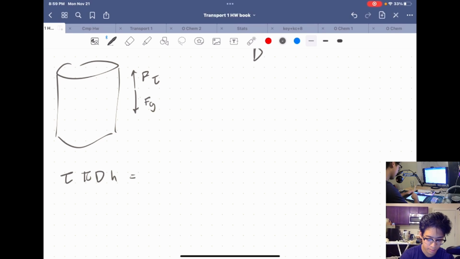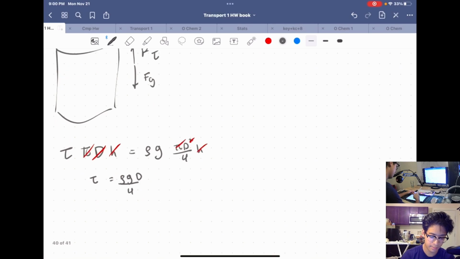Then rho g multiplied by the volume of the cylinder, which in terms of diameter is pi d squared over 4 multiplied by h. Notice h cancels out, pi cancels out. So we have tau equals rho g d over 4.